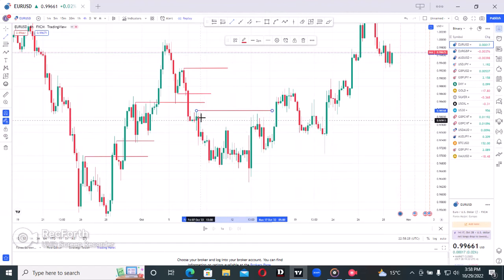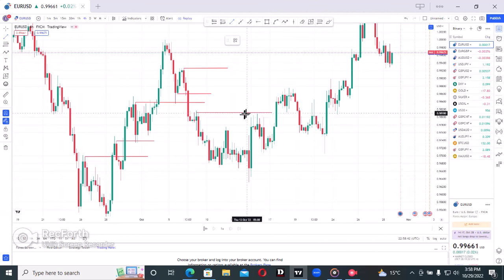This is my resistance level, and then once you have this turning point, you're going to draw your horizontal line just like this. This is still my resistance, and then this one is going to be my resistance again.